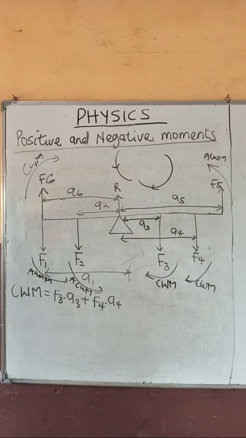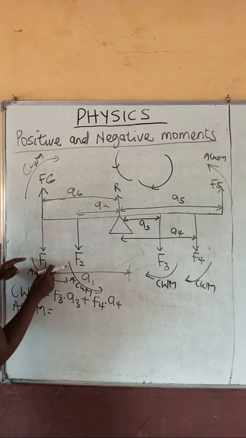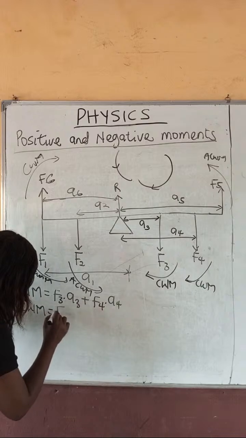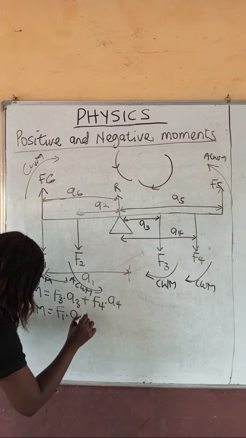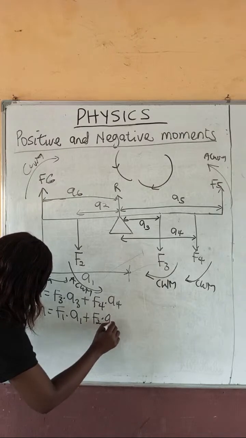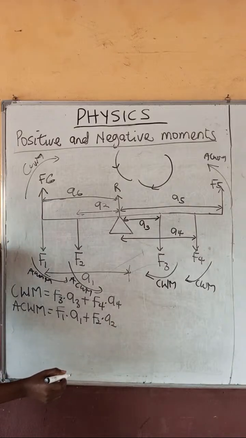Now for us to do anti-clockwise moment, that is F1, distance is from here to here, right? A1. That is F1 dot A1 plus F2 dot A2. F2 is from here to here, right? Okay.